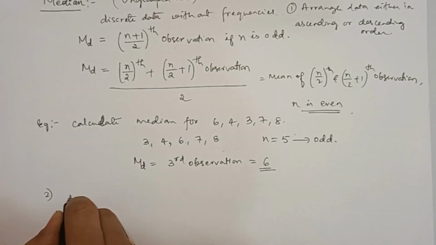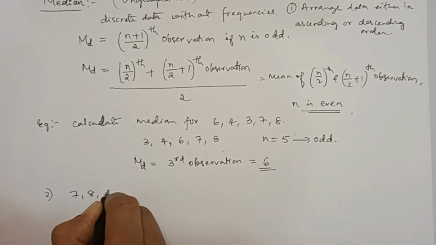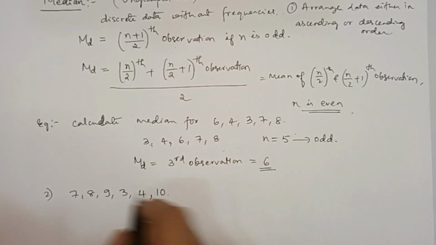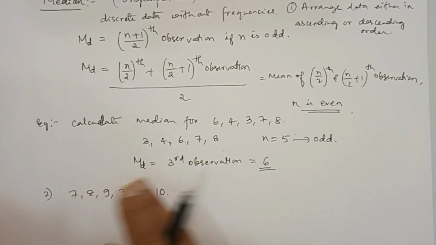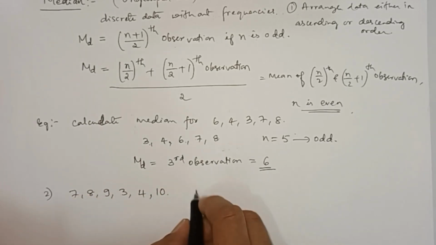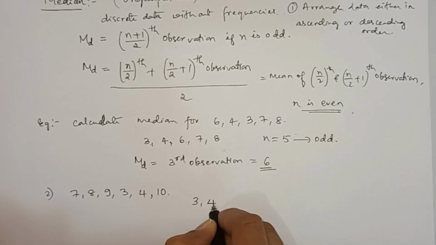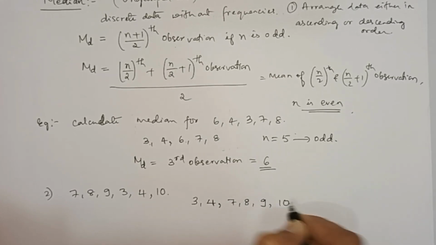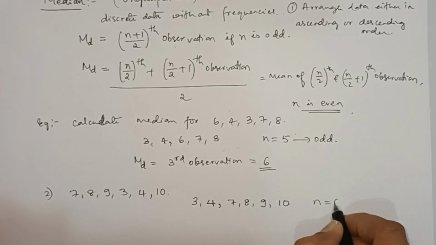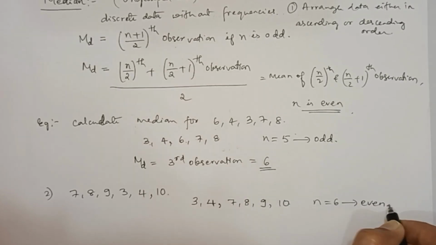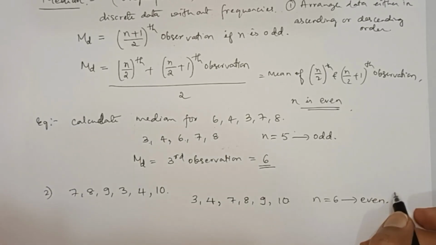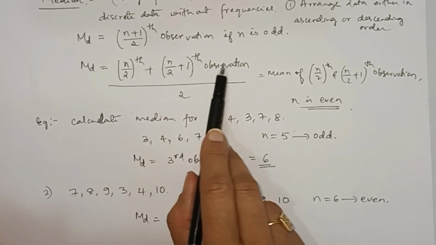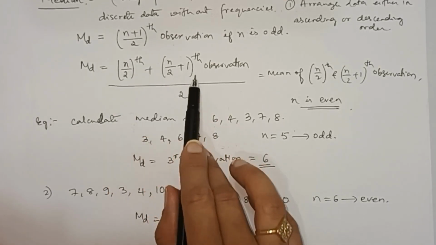Similarly, calculate median for this data: 7, 8, 9, 3, 4, 10. First arrange the data in ascending or descending order. I'll arrange it in ascending order: 3, 4, 7, 8, 9, 10. How many observations do you have? N equal to 6, which is even. So in the case of an even number of observations, you have to find the median as the mean of the n by 2 and n by 2 plus 1th observation.